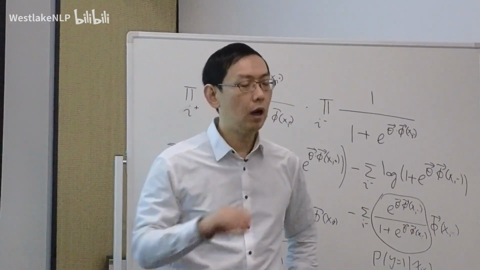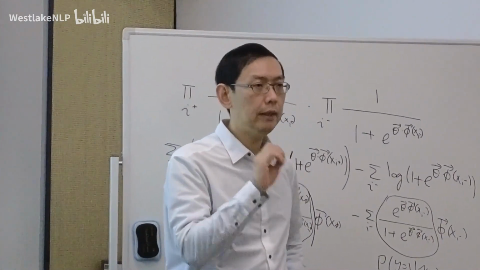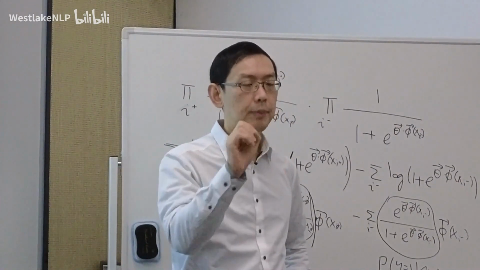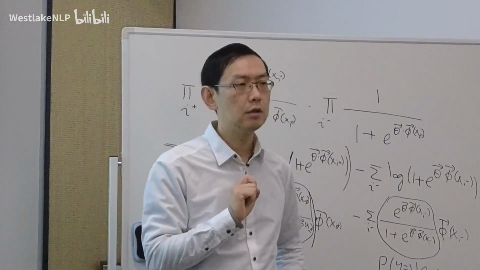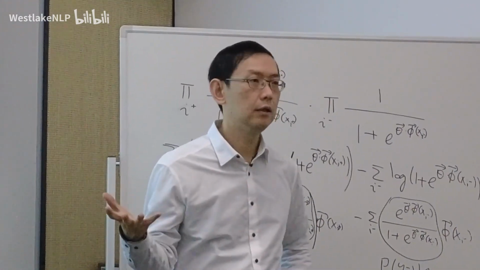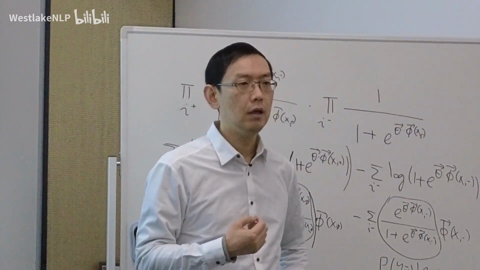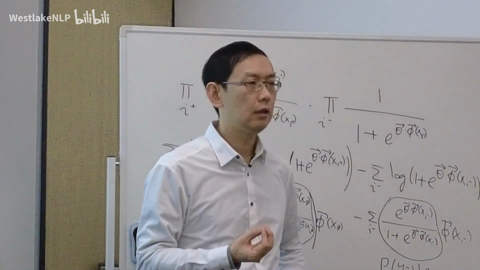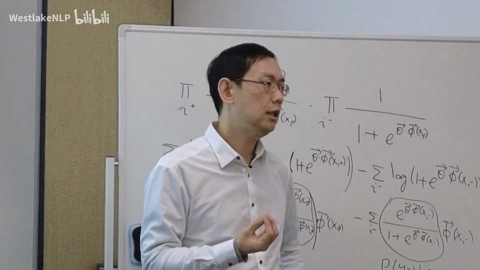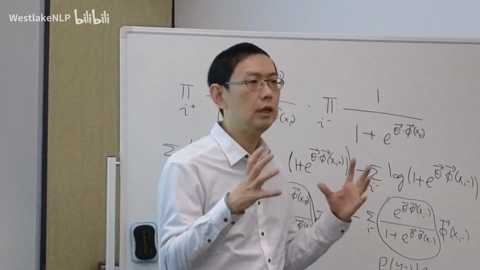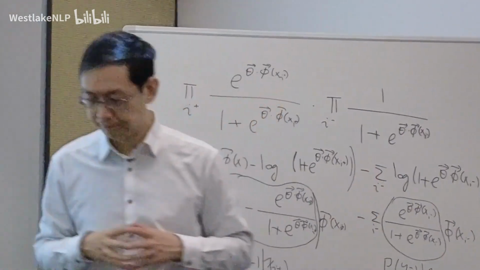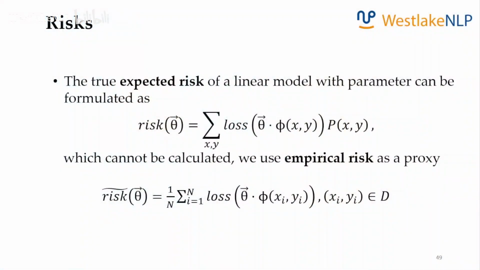So what you really want to minimize is the expected risk at any instance, so that you can do perfectly during test time. But unfortunately, you can't do that because you can't see every possible instance. What we have is only a small set of training data. These training examples are numbered capital N.